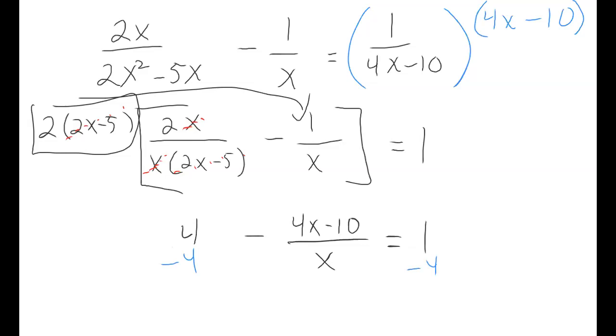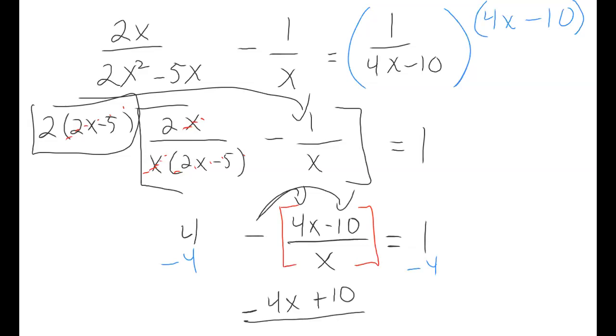And I've got to be careful with this negative sign. I don't want to lose it in my process here. So I'm going to put that in brackets just to keep an eye on that negative for a minute. I get a negative. I'm going to distribute it through so I don't lose it. Negative 4x plus 10 all over x equals 1 minus 4 is negative 3.